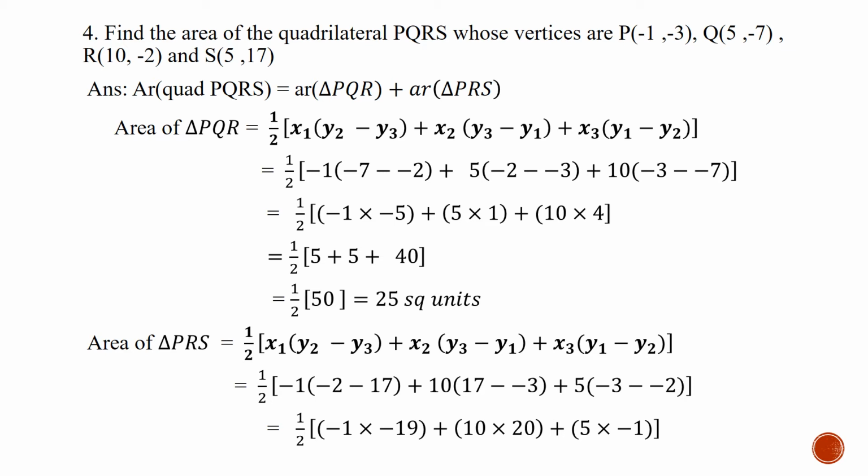Same way, area of triangle PRS, with the help of formula, we can write 1 by 2 into negative 1 into negative 2 minus 17 plus 10 into 17 minus negative 3 plus 5 into negative 3 minus negative 2, which is half into negative 1 into negative 19 plus 10 into 20 plus 5 into negative 1.